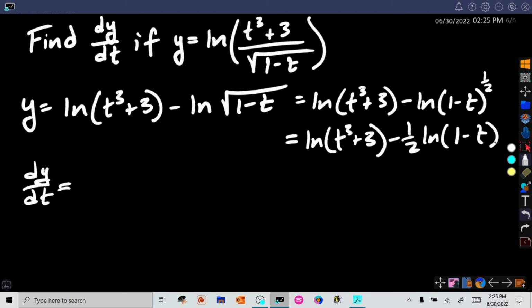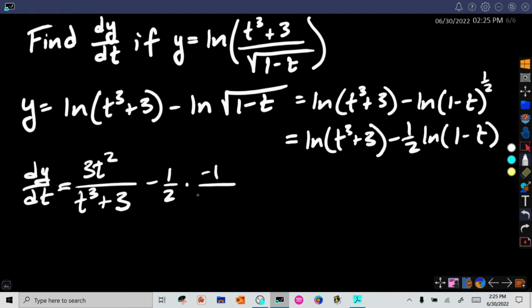So the derivative of this is the derivative of the inside, 3t squared, and we're dividing by the original, t cubed plus 3. Over here, the 1/2 is going to come along for the ride, and we're going to multiply that by the derivative of this, which is a minus 1, divided by 1 minus t.